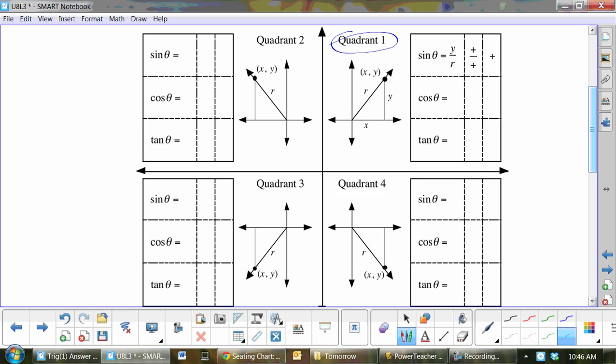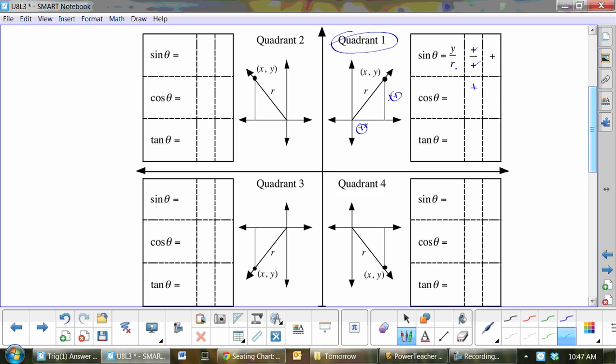Now, quadrant 1, see how y is positive there? It's a positive on the grid. And this is positive here. We're in quadrant 1. So, since sine is y over r, well, y is positive, that's positive, and a positive divided by a positive is a positive. Now, cos is x over r, right?